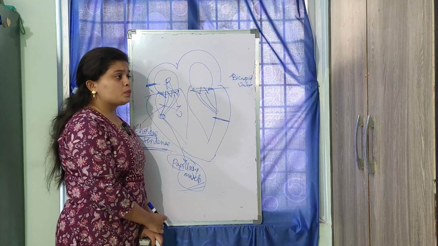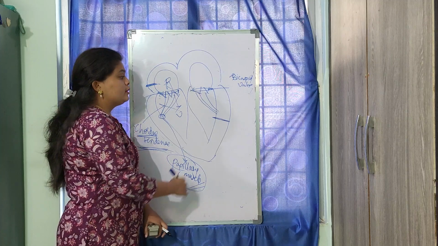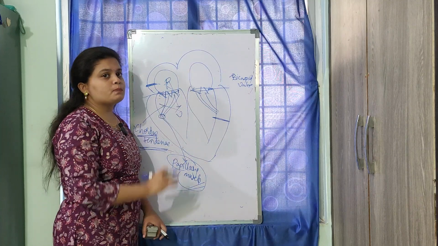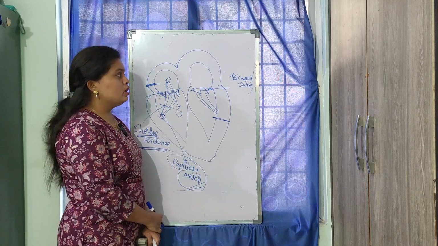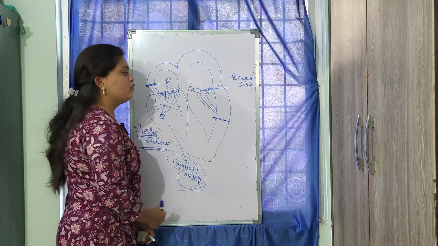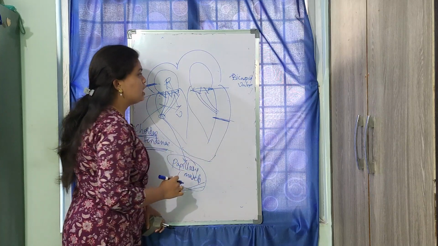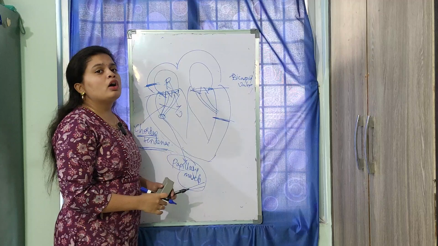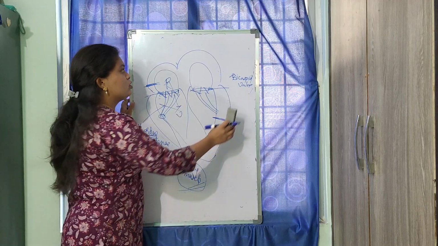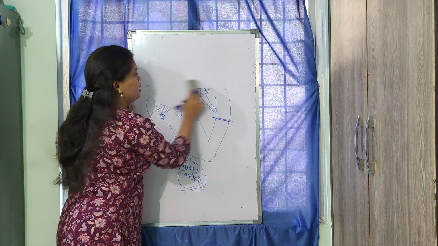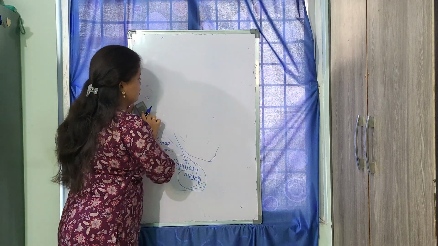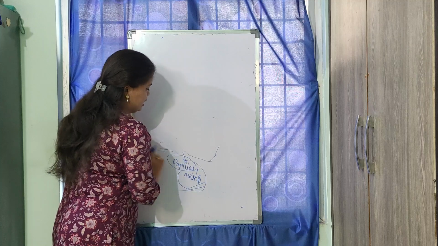It is pumping the blood to the lungs and to all parts of the body. So that's the reason why the walls of the ventricles are thicker when you compare them with the auricles. Okay, so this is all about the heart. The topic structure of the heart is concluded.